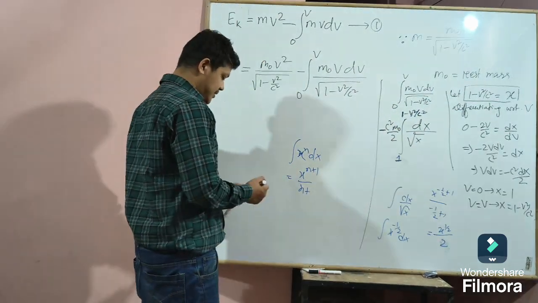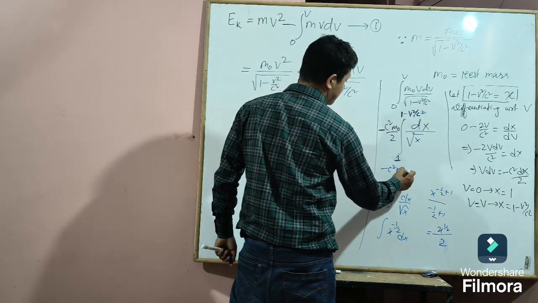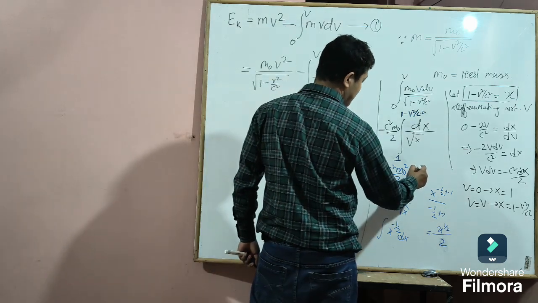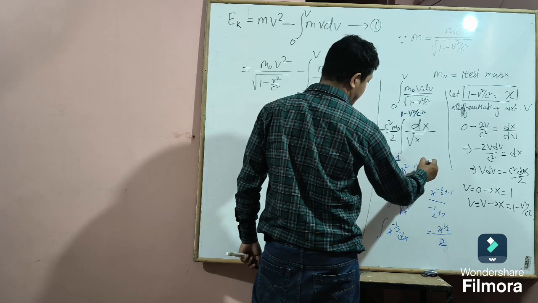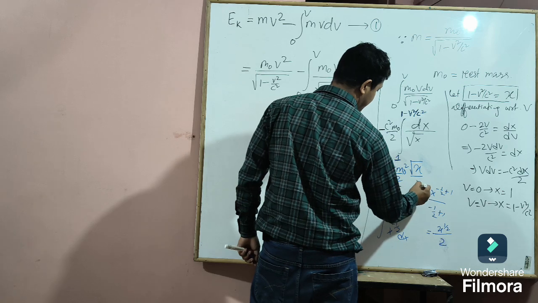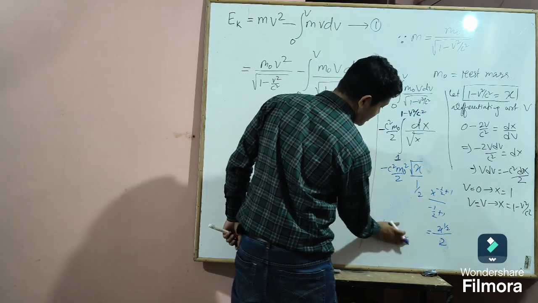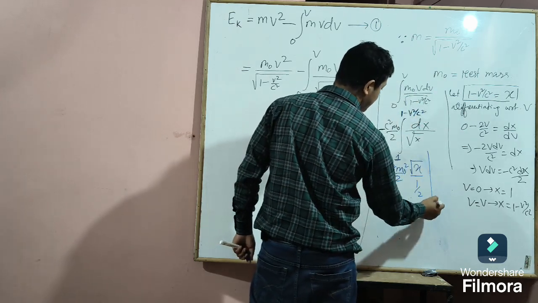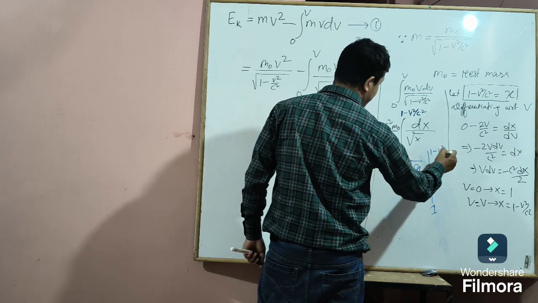Now if that is the case, then here we will get minus c square m naught square by 2. Then here we have got x to the power half. X to the power half means you can write root x divided by half, and we are integrating it from 1 to 1 minus v square by c square.